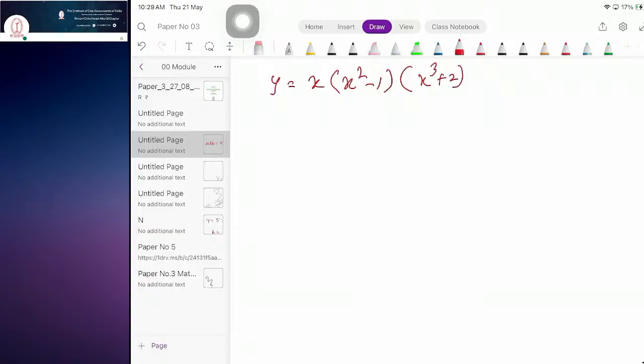Find dy/dx, the first order derivative of function y with respect to x. So let's call these u, v and w. So y is equal to u v w.